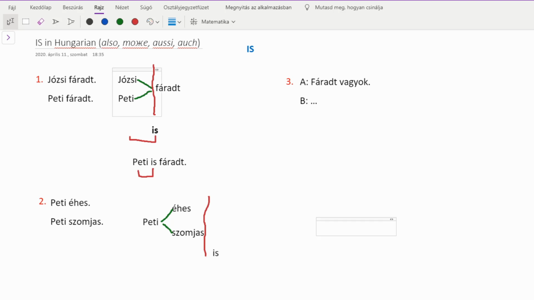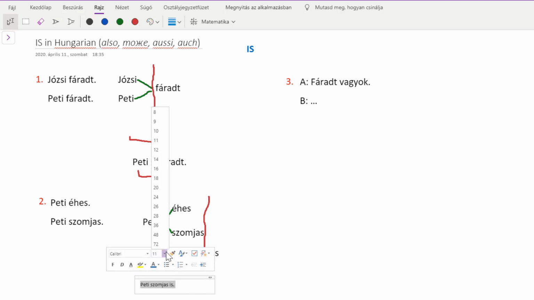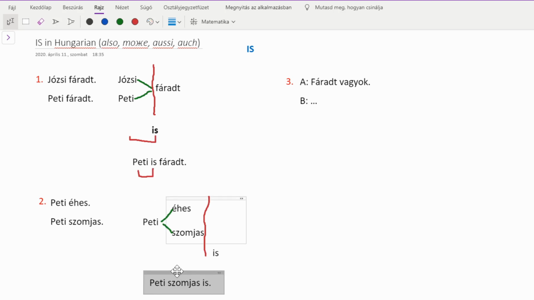And then again, you see in the first example we had the two subjects, and after the two subjects we placed the "is" word. And here we have the two conditions, éhes, szomjas, and after the two conditions you may place the word "is". Therefore, the right solution here is that Peti éhes és Peti szomjas is.